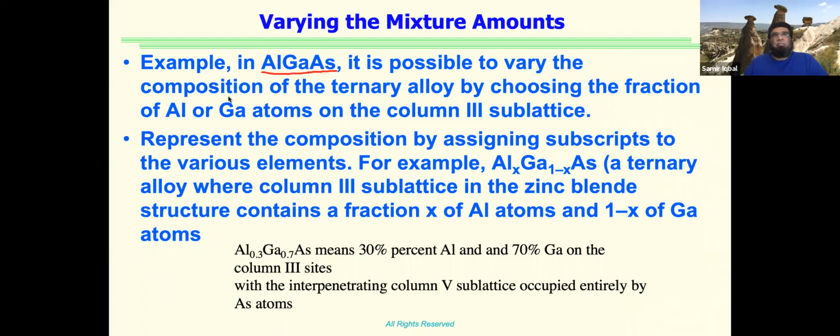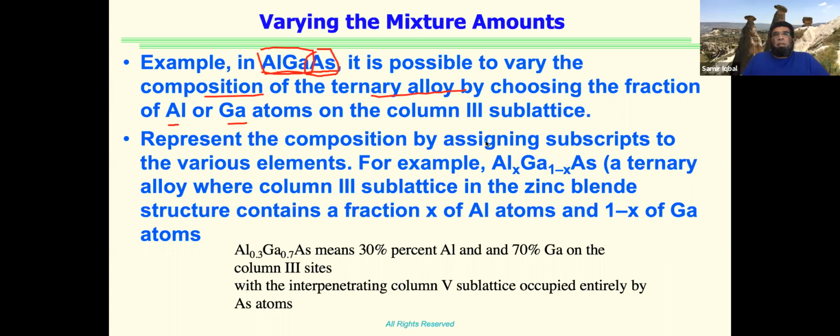And I said we can vary the composition of this alloy by changing the fraction of aluminum or gallium atoms. Sorry, these two come from group 3 and this one comes from group 5. So what we can do is change aluminum and gallium, because arsenic, group 3 and group 5 have to be equal amount. But within group 3, I can change amounts.